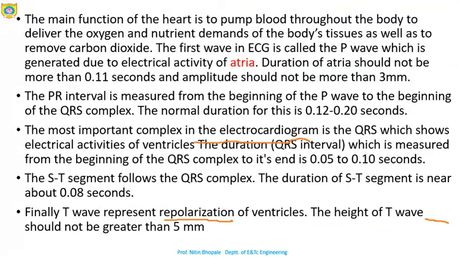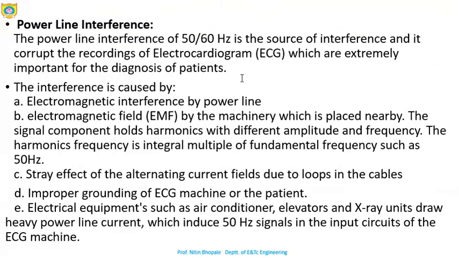Let's discuss exactly the power line interference. We have seen that power line interference is one of the causes of errors in the ECG. The power line interference of 50 to 60 Hz is the source of interference, and it corrupts the recording of the ECG, which is extremely important for the diagnosis of patients.